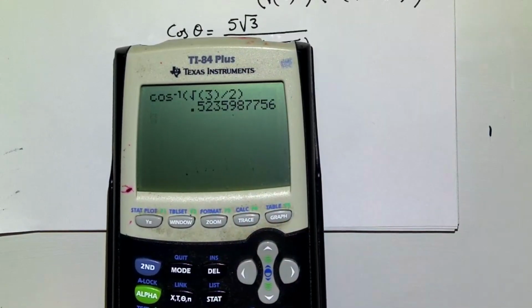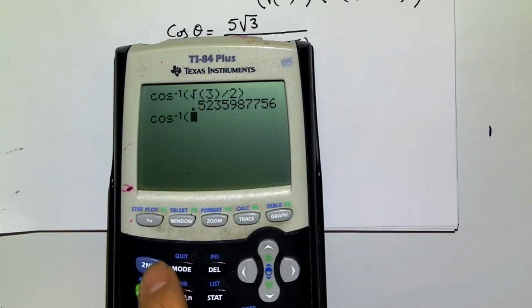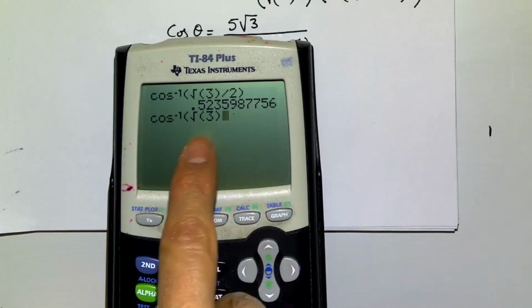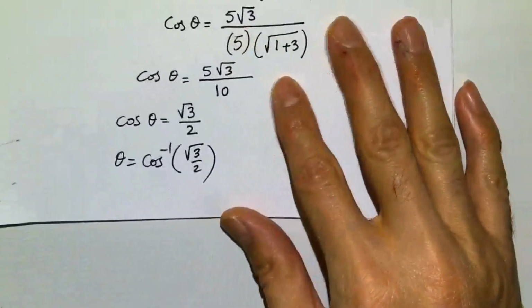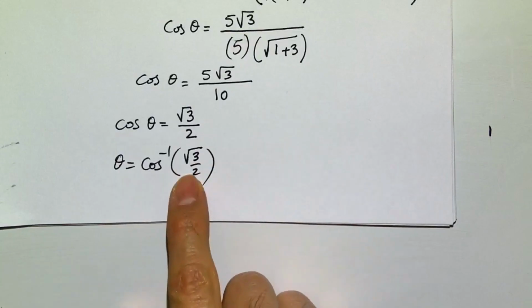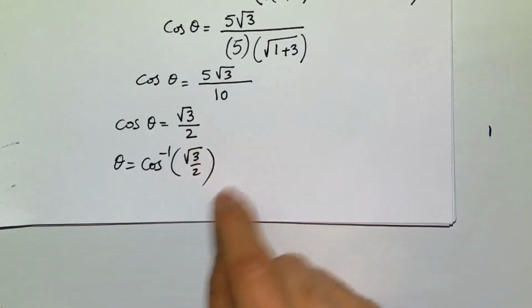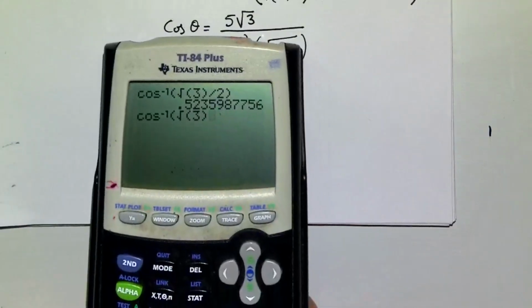Okay, so let's see. So that's what I should have done. Close the parentheses because it's square root of 3 over 2. Notice we have square root of 3 over 2. What I was putting into the calculator was square root of 3 over 2, the whole thing under the square root, which is not correct.